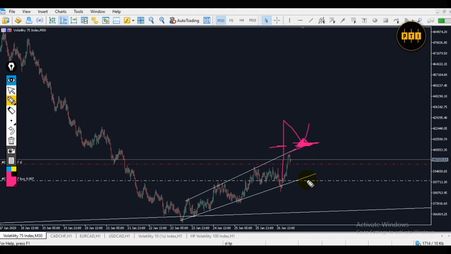So that's what you should know, and that's what you need to do when you trade. Look at the high time frame and find the bigger picture, and find the direction or the side of the momentum, and then go to a lower time frame to find patterns within the pattern, to find a perfect entry.